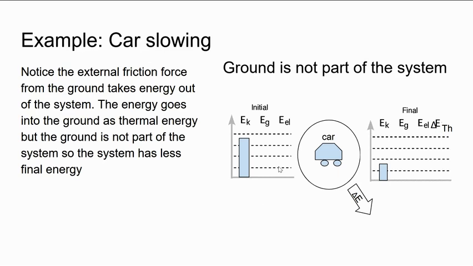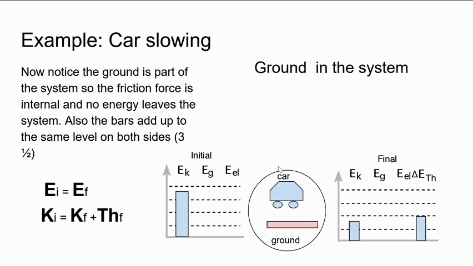If instead we called the ground and car all one system, then everything's happening internally, including the frictional force. So we'd have some kinetic energy, then less kinetic energy. And you're like, well, where did the energy go if this whole thing is the system? It must have been transformed into another kind. In this case, we're calling it the change in energy, TH, which stands for thermal.